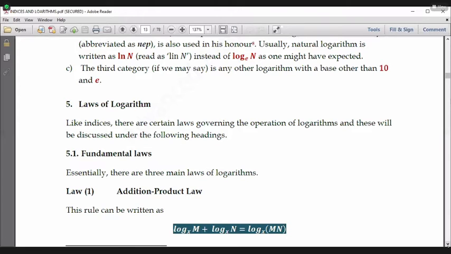Are you able to see the screen? We call them fundamental laws. There are mainly 3, just like we had for the case of indices.